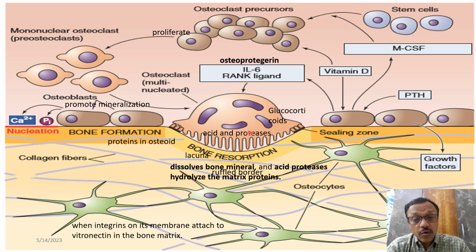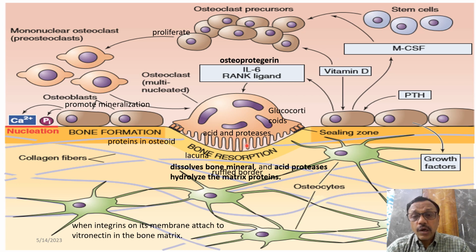Reabsorb the bone or dissolve the minerals with the help of certain proteolytic enzymes, thereby increasing the calcium level. Once the bone is dissolved and reabsorbed, these cells move to this side, and this space is filled by this type of cells, and again it helps in the local deposition of calcium and phosphorus.